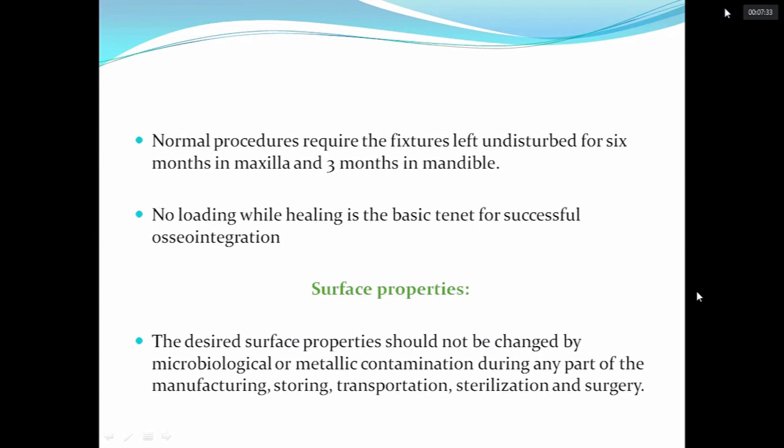That's why maxilla is a soft bone, to absorb the masticatory force. So soft bone healing will be delayed. Dense bone, mandible, healing will be faster. And again, according to Branemark, no loading while healing is the basic tenet for successful osseointegration.